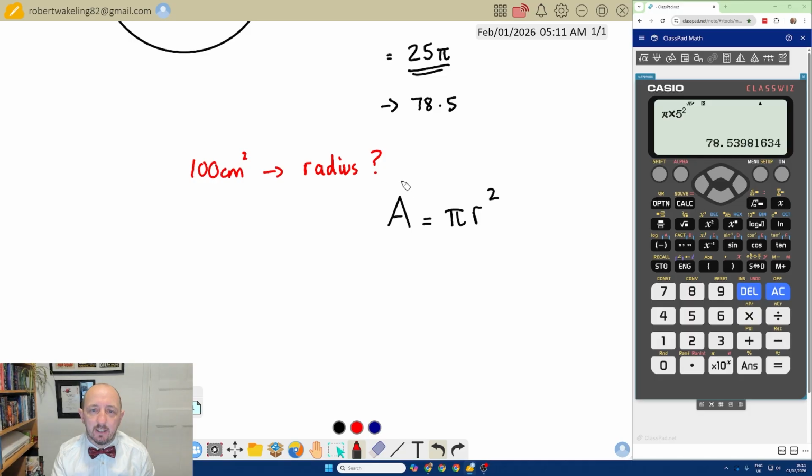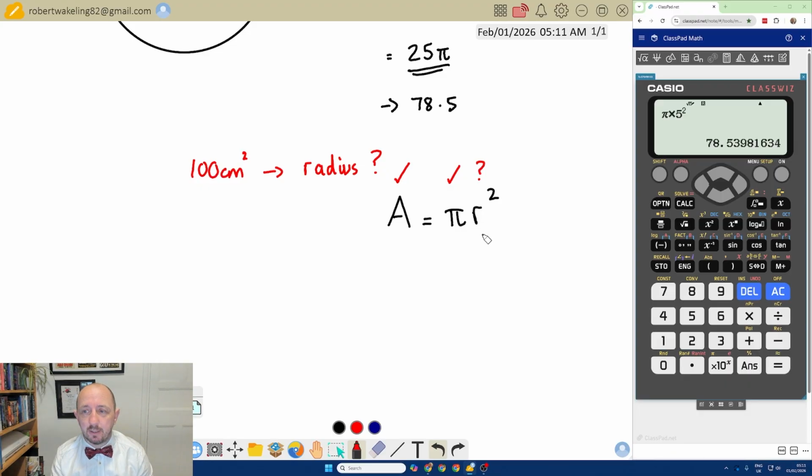So the area, yes, we know what that is. That's 100. Pi is just a number, like 3. We know what that is. The radius is what we're trying to find. So there's one thing missing from this whole formula. And when that happens, when we have one thing missing, we can actually work out that missing term, that missing variable, that missing letter by doing some rearranging.